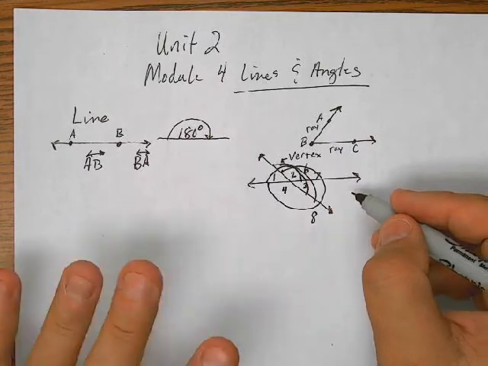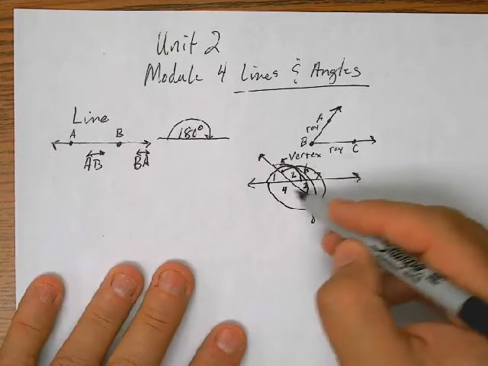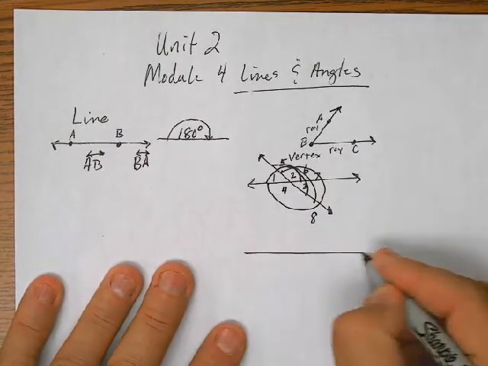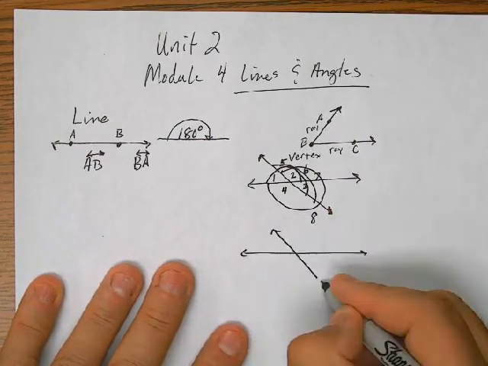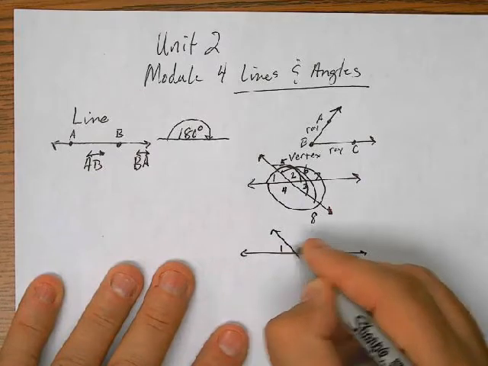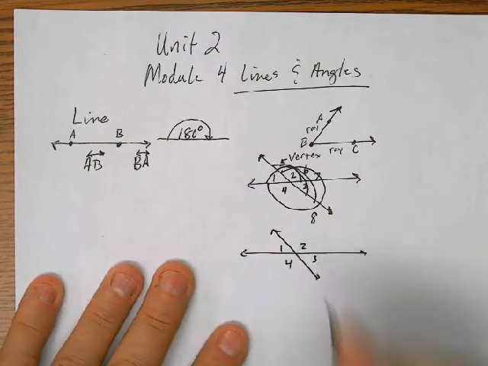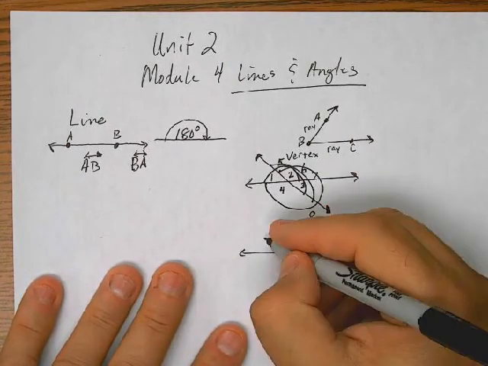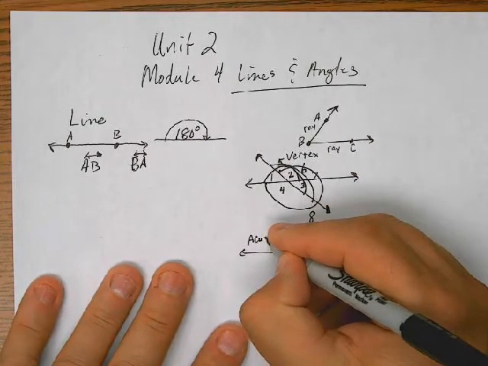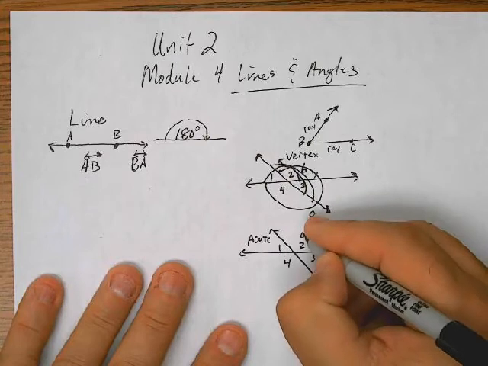But typically in this picture right here, we limit ourselves to these 4. And that's what we talk about. Now, we know that these 4 angles, we have acute and obtuse.